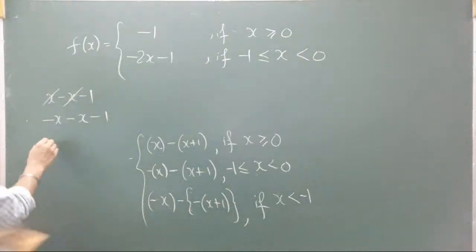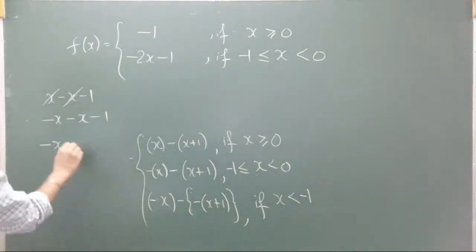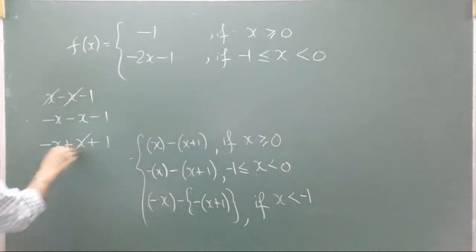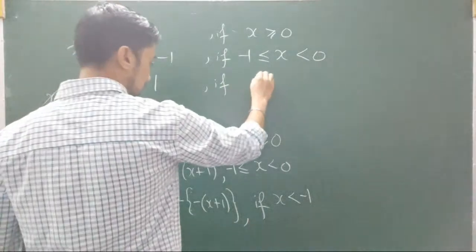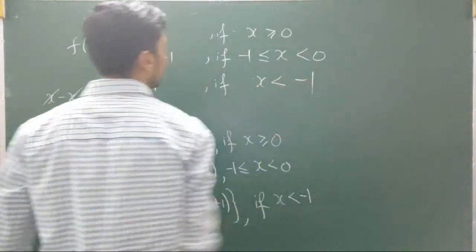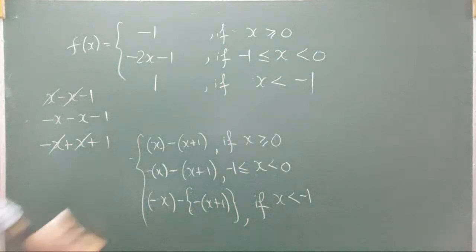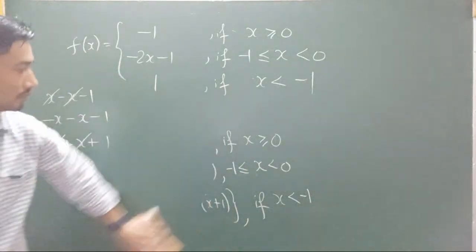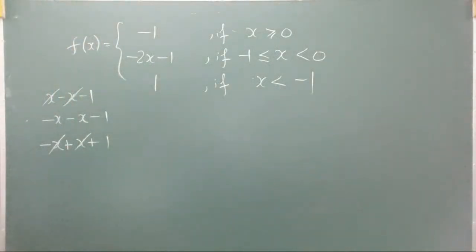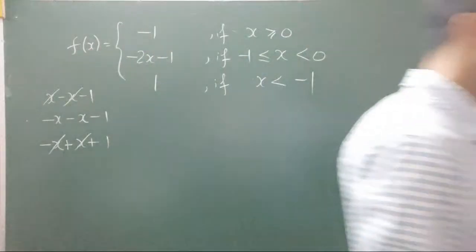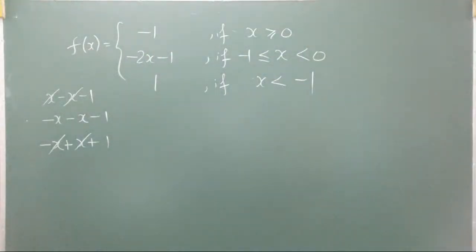And the third one is minus x plus x plus 1, that is 1, if x is less than minus 1. So that's our final function. We don't have to write too many things. This is the last question.